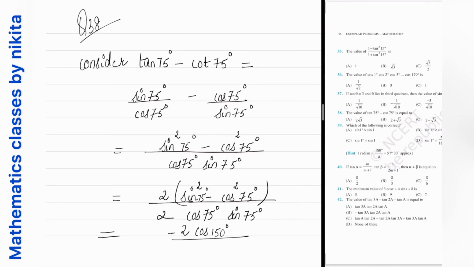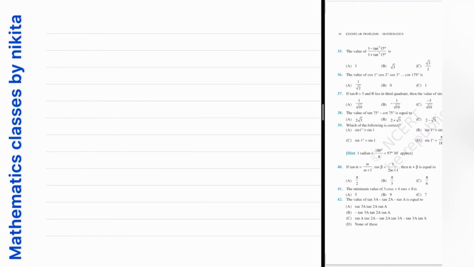And in the denominator you will get sine of 150 degrees. So this is equal to minus 2 cot of 150 degrees, which can be written as minus 2 cot of 180 minus 30 degrees.